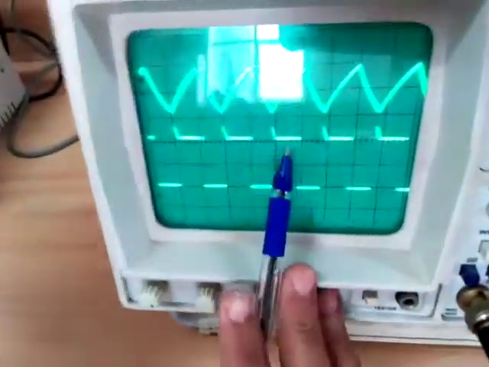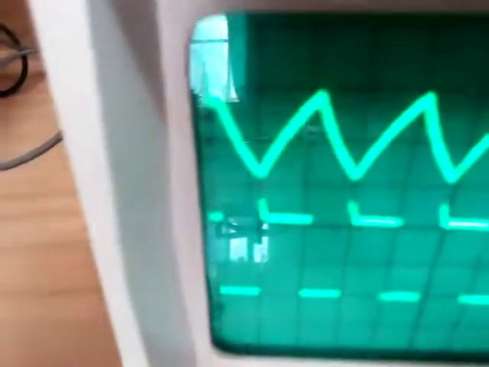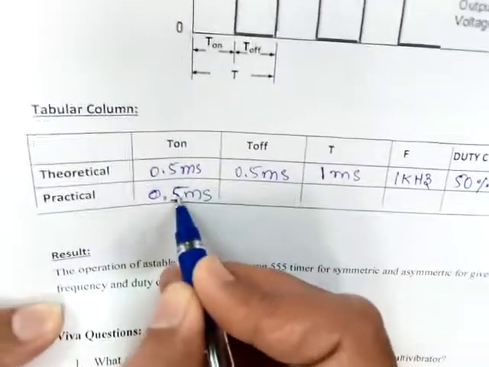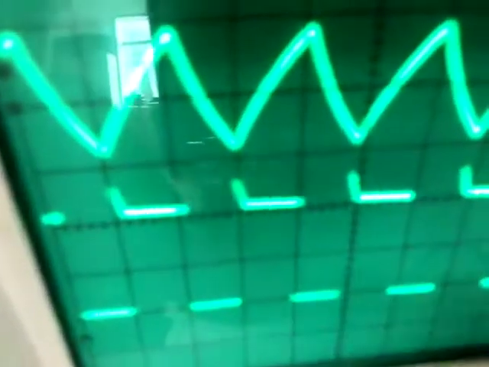Now the practical values we have measured. T on is 1 division into 0.5 in time per division, so 0.5 into 1 division is 0.5 milliseconds. So note down the T on here, that is 0.5 milliseconds. Similarly, observe T off.